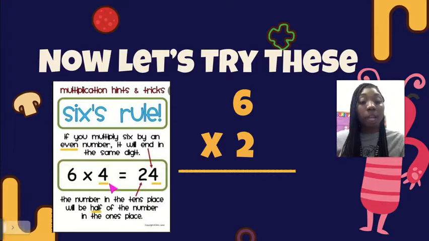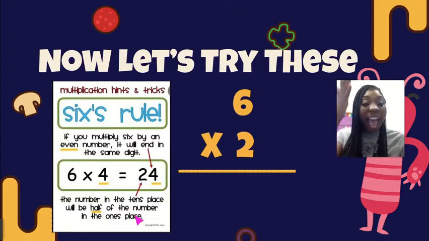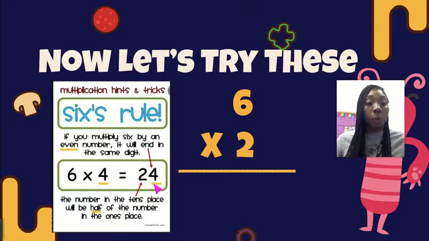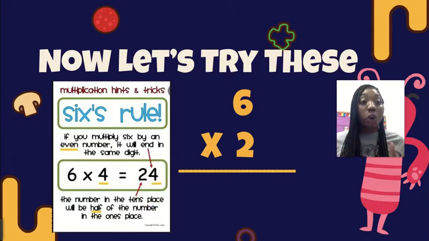So because we're multiplying by 4, the answer is going to end in 4. Then the number in the tens place will be half of the number in the ones place. So if we're multiplying by 4, what's half of 4? Great. Half of 4 is 2. So 6 times 4 is 24.